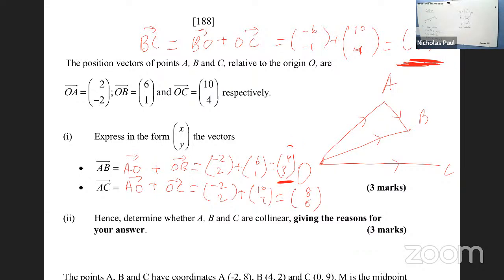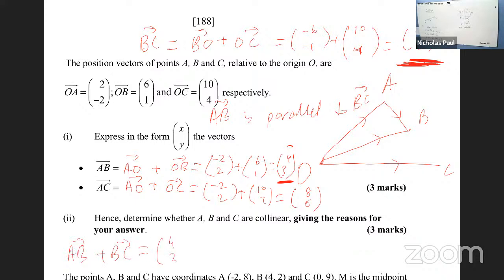Right, they are parallel and equal in length. So you can see that AB is parallel to BC. That's the first step. AB is parallel to BC. And the last step is to add up AB and BC.